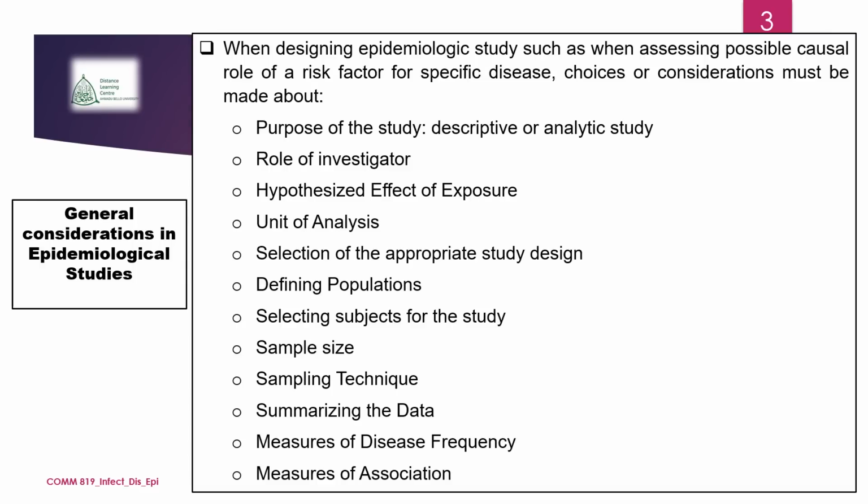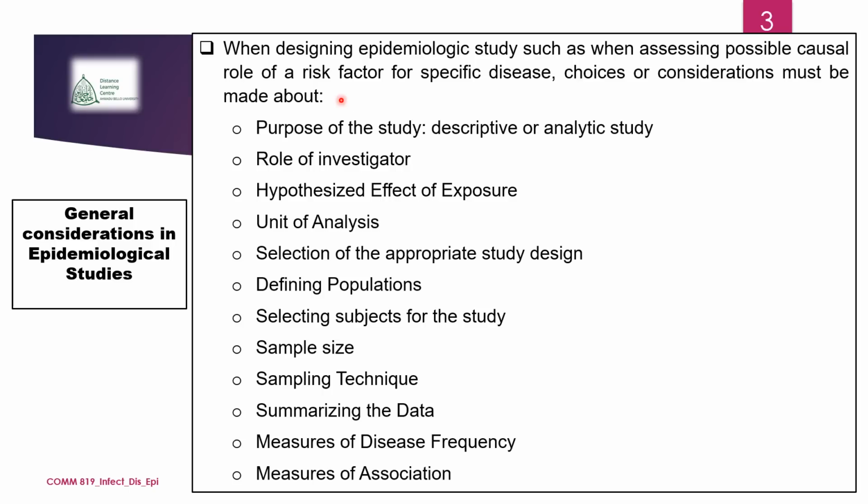Okay, so now we're going to look at the general dichotomies or general considerations in epidemiological studies. When designing an epidemiologic study, such as when assessing the possible causal role of a risk factor for a specific disease, choices or considerations must be made.